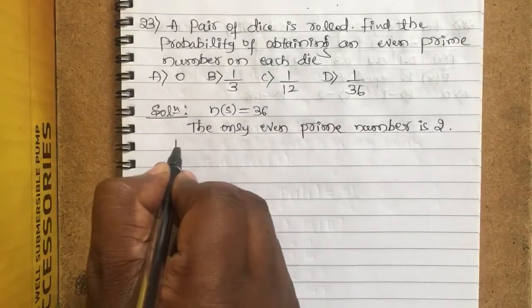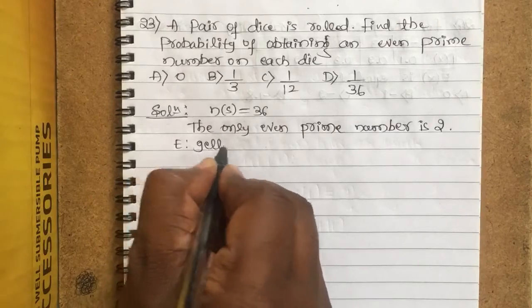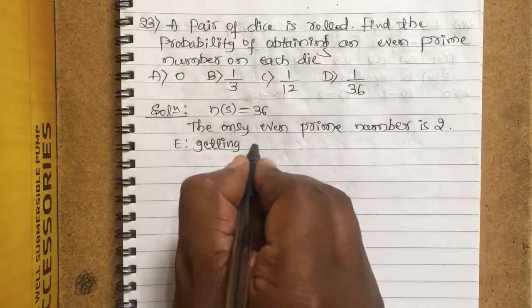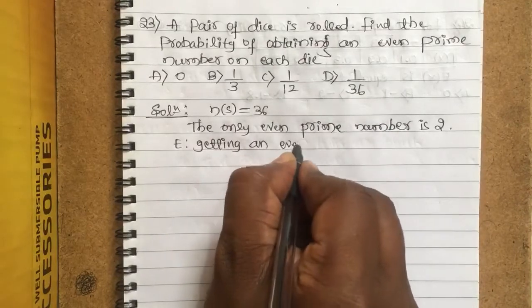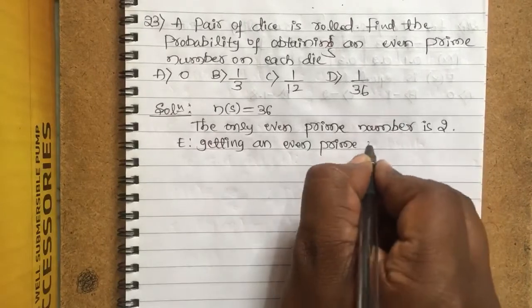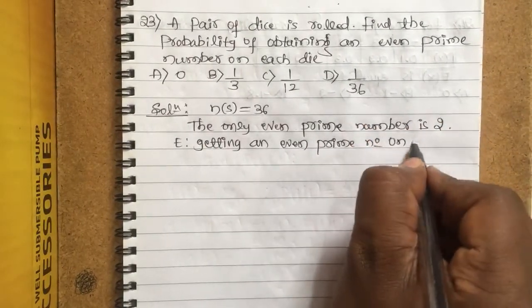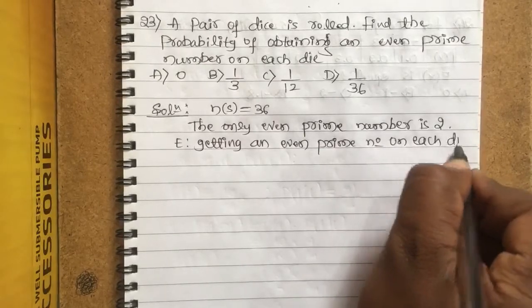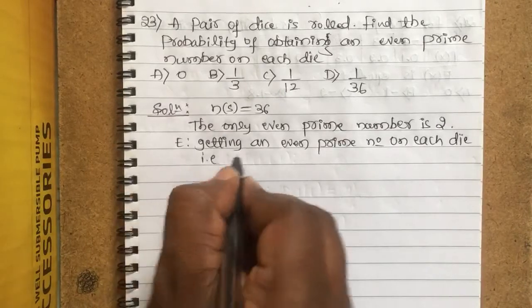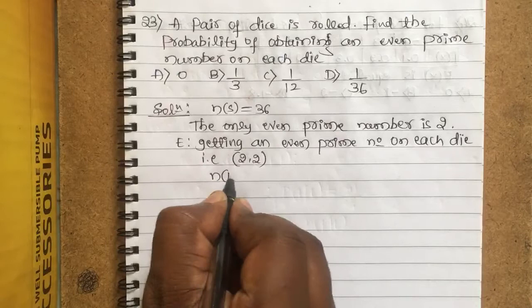So here E be the event of getting an even prime number on each die, that is 2 comma 2 outcome. So what is n of E now?